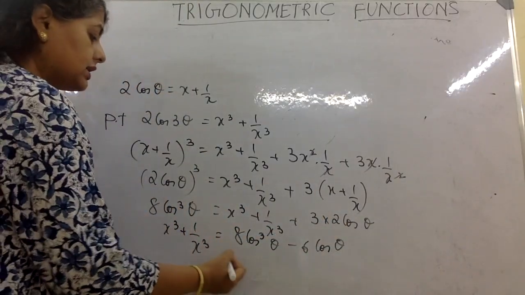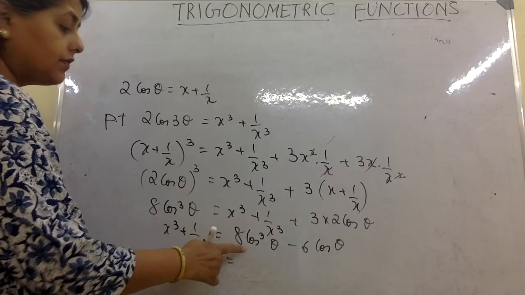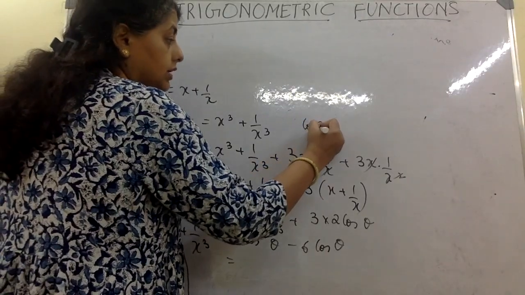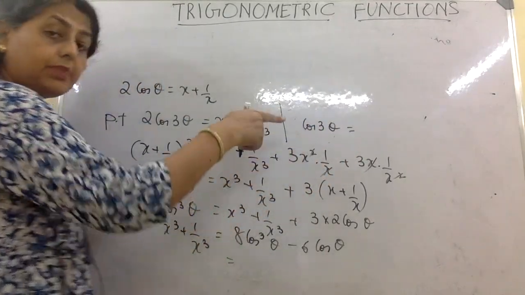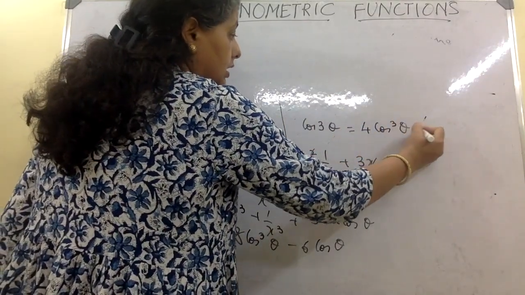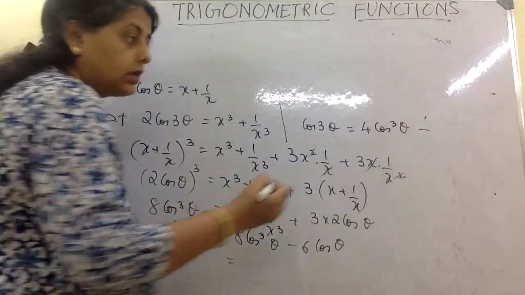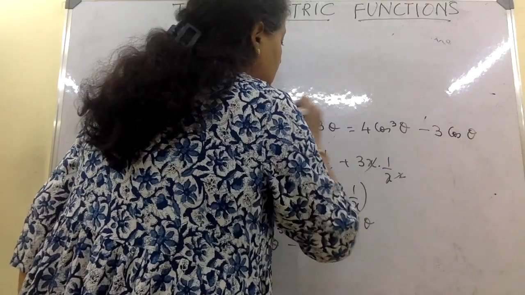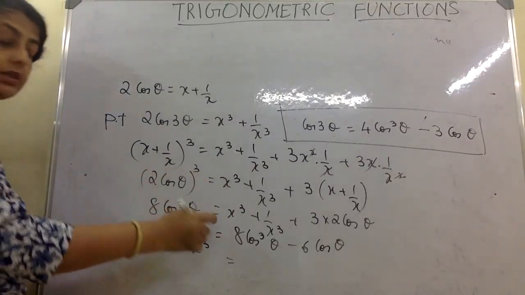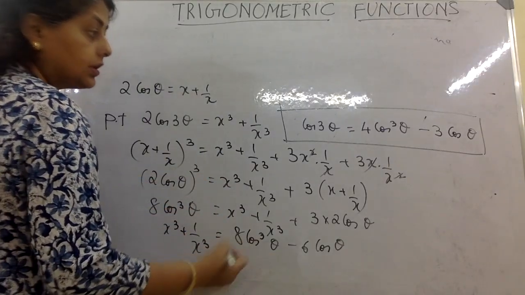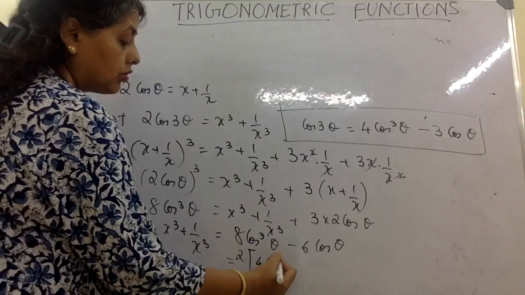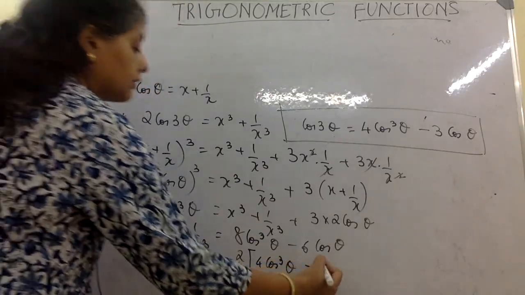Now it looks like we can apply a formula here. What is the formula of cos 3 theta? Cos 3 theta is 4 cos cube theta minus 3 cos theta. This is coming from the triple angle formula. We are going to use that, but we can't use it here just like that. We have to take something common. 2 into 4 cos cube theta minus 3 cos theta.